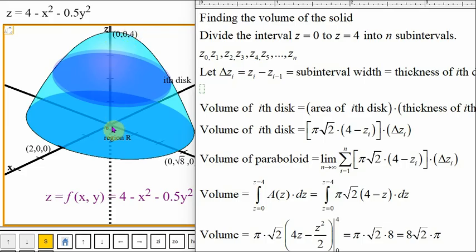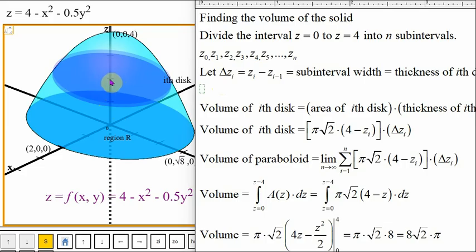Let's call the distance of the disk from the origin z sub i. This would be the ith disk, and the thickness of this disk we'll call delta z sub i.